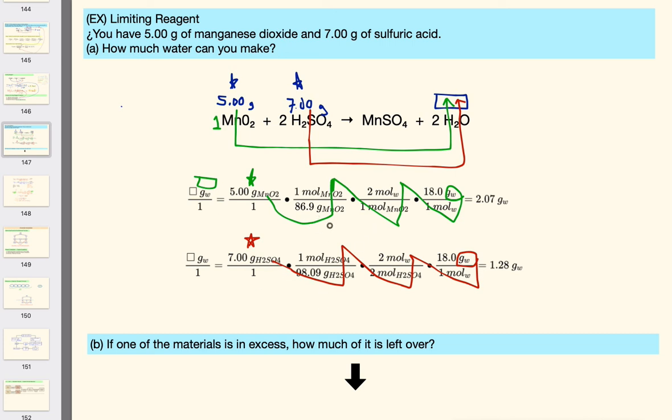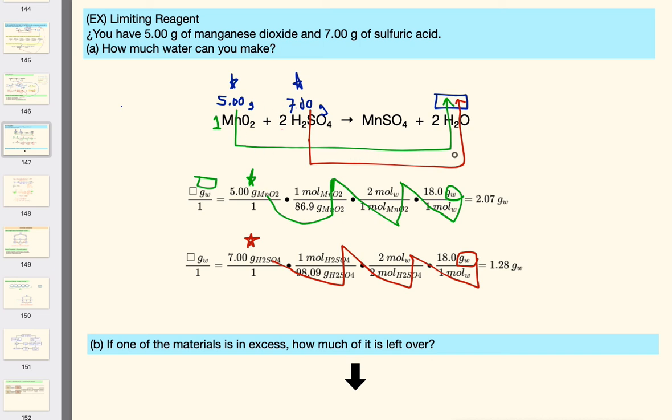This column is always the periodic chart. This one is the balanced chemical equation. Notice there's a 2 and 2 this time, because I'm looking at the H2SO4 and there's 2 there and 2 there. So that's the mole ratio. So when I do this, what do I wind up with?